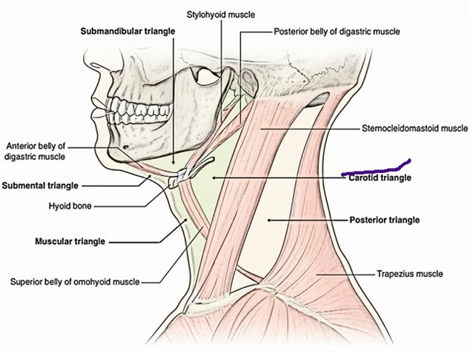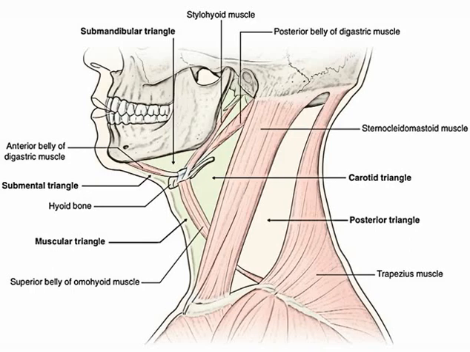Here, this is the posterior triangle. The floor of the posterior triangle is formed by this prevertebral fascia, and deep to the prevertebral fascia there are prevertebral muscles. This prevertebral fascia is attached above to the base of the skull. Below it is attached to the fourth thoracic vertebra.